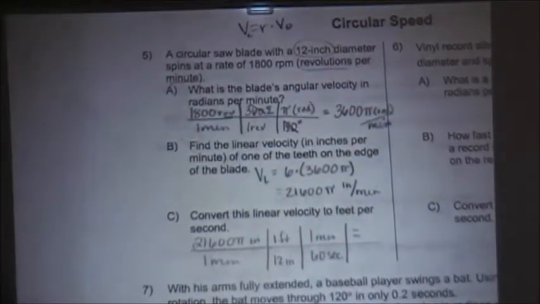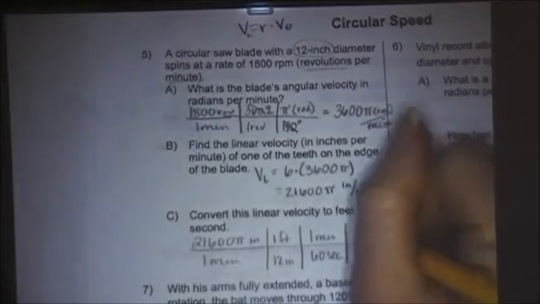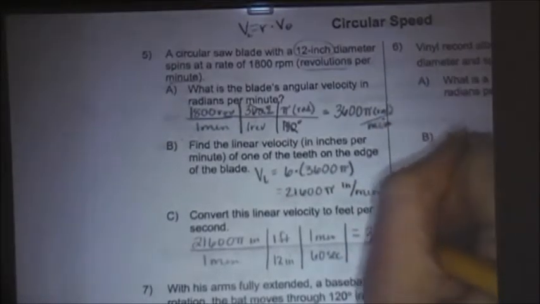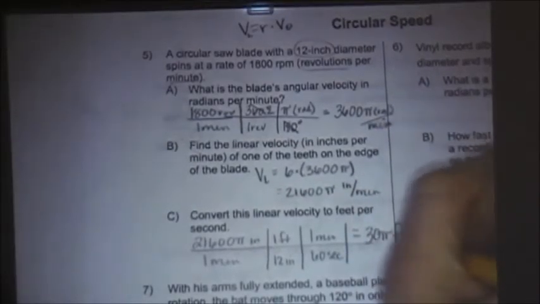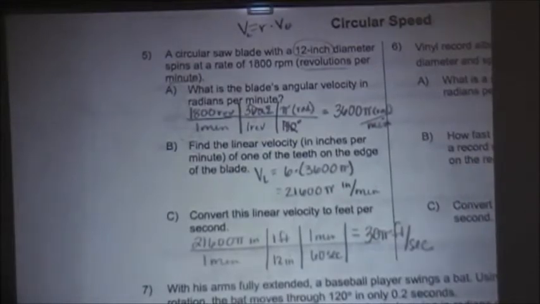Now you can just multiply straight across the top. Don't put the pi into the problem. Make sure you put the bottom pieces in parentheses. And I end up with 30 pi feet per second. And that's how you do circular speed and linear velocity.